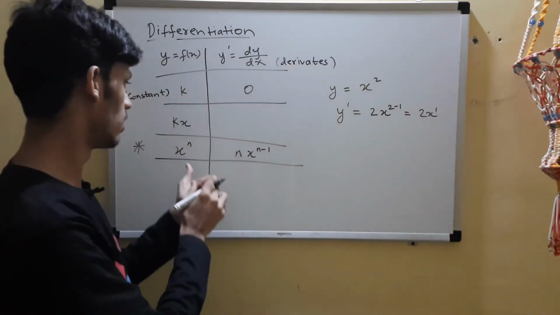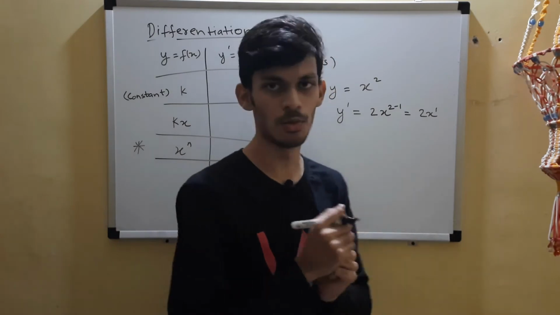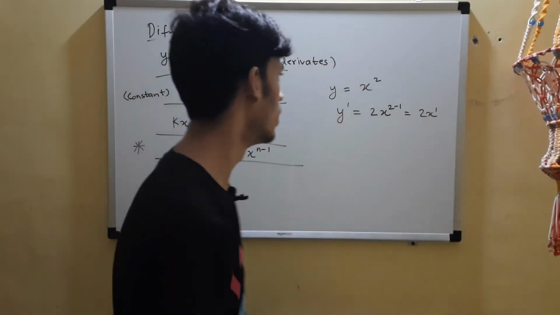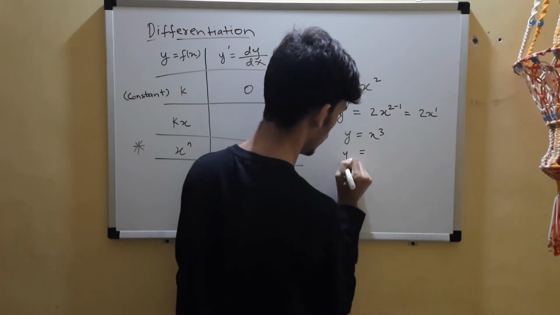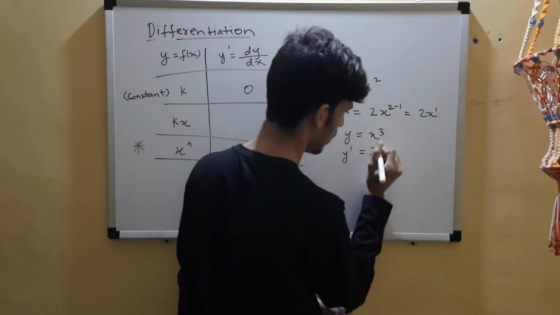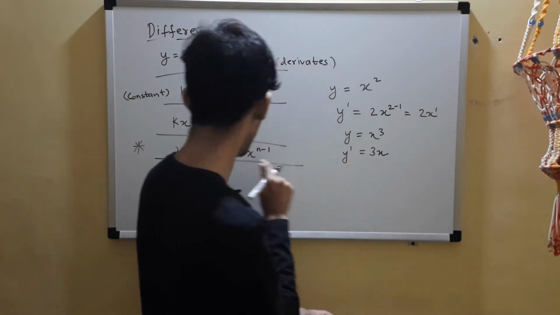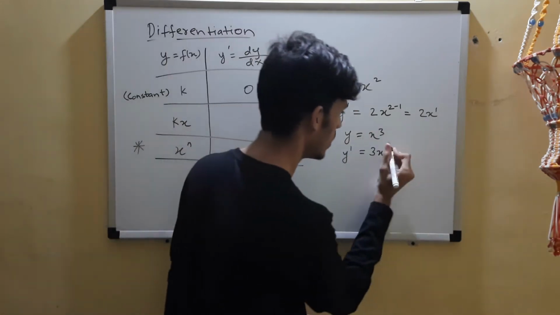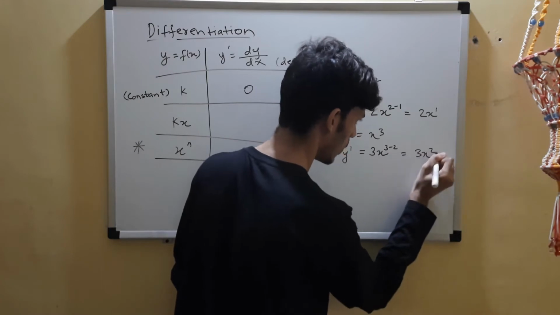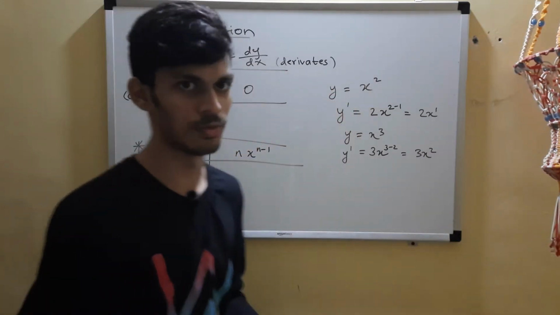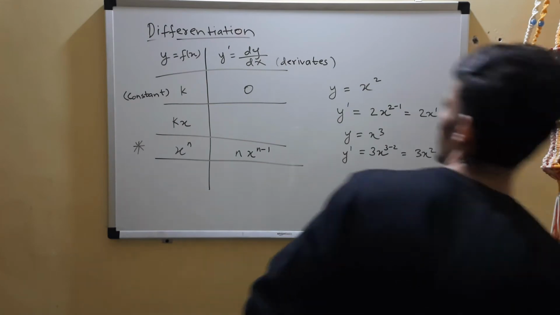So the differentiation of x square is 2x. You can take other examples also, x cube. What will be y dash? n x raised to n minus 1, so 3 x raised to 3 minus 1, which is 3x square. You can go on with x raised to 4, x raised to 5, and so on.